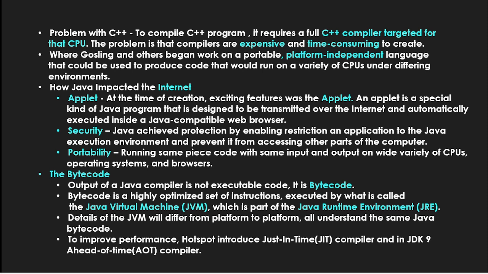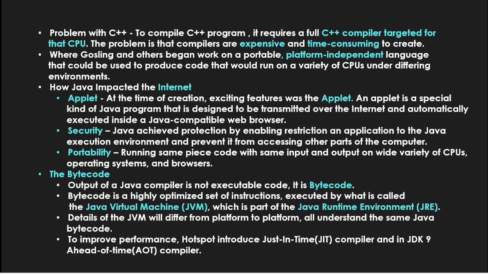So what are the problems? To compile a C++ program, it requires a full set of C++ compilers targeted for that CPU environment. To run any program on different environments, it requires a different full set of compilers for each environment, and compilers are expensive and time consuming to create.